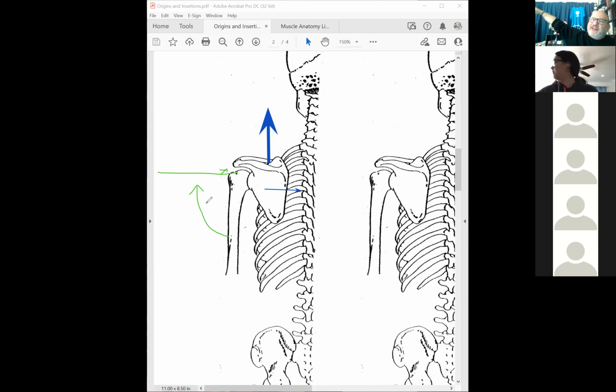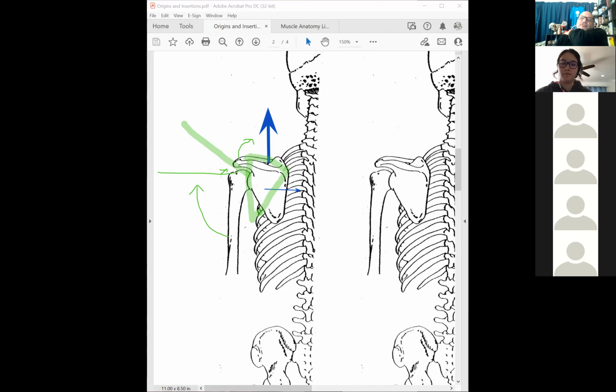However, the reason I'm able to abduct it more than this is because of what the trapezius is able to do. The trapezius is actually able to rotate the scapula. So basically, you would take the scapula and rotate it upward so that the arm can then abduct above this point.